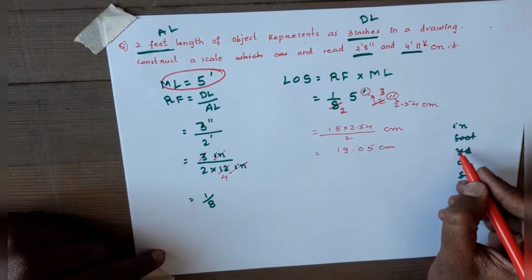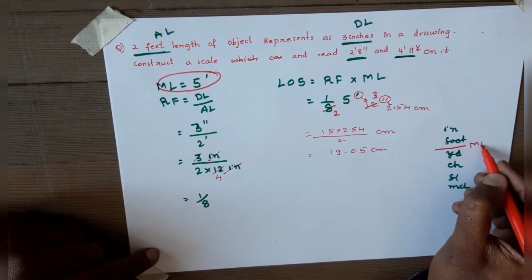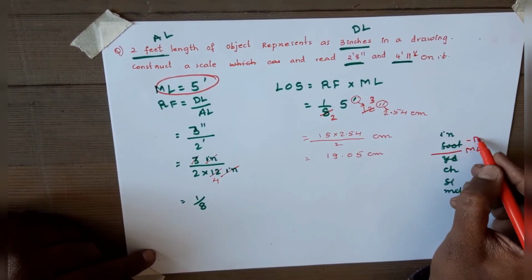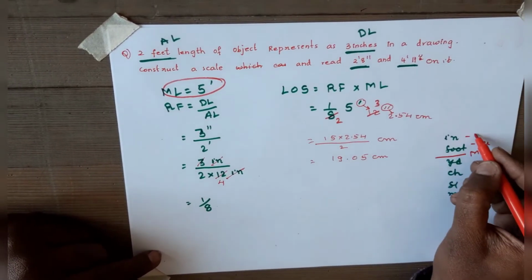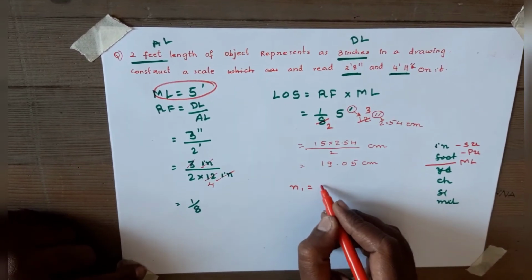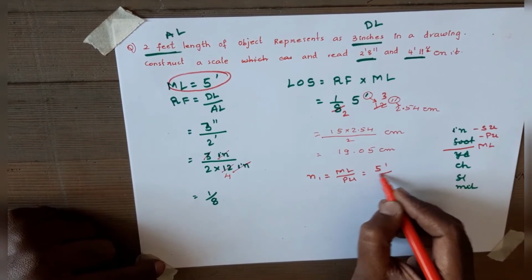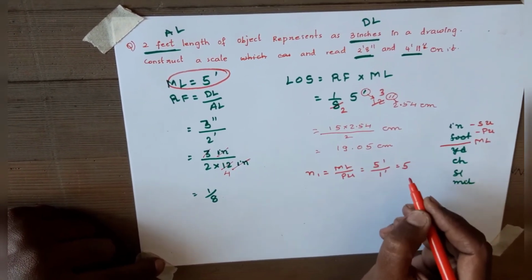It should be here; this is the maximum length. So the primary unit is foot. The secondary unit is inch. Therefore N1 is equal to maximum length divided by primary unit. That is 5 feet divided by 1 foot, which is equal to 5.